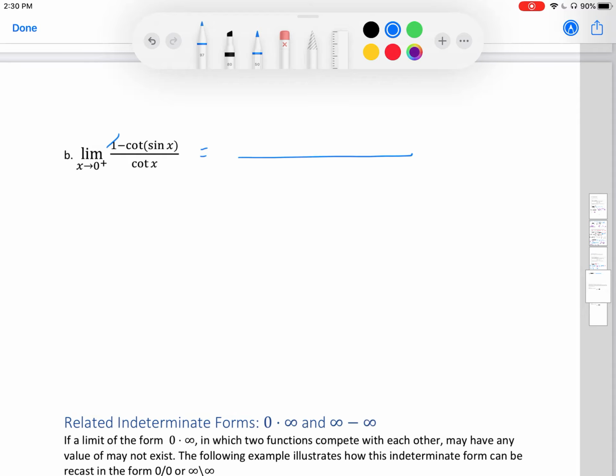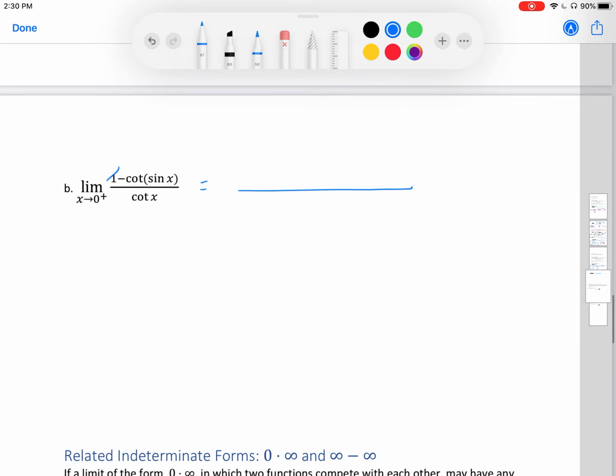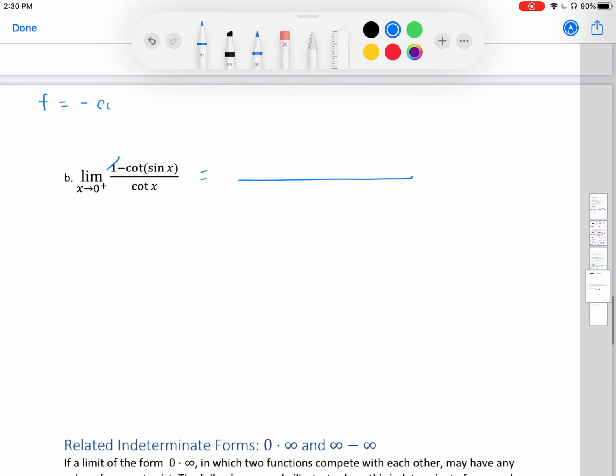But for that cotangent sine of x, we have to use chain rule. Our argument is sine, that's on the inside, and our cotangent is that trig function that we are applying. So for your function f, for your numerator, think of it as negative cotangent sine of x. Since you know that that 1 is going to just be 0.